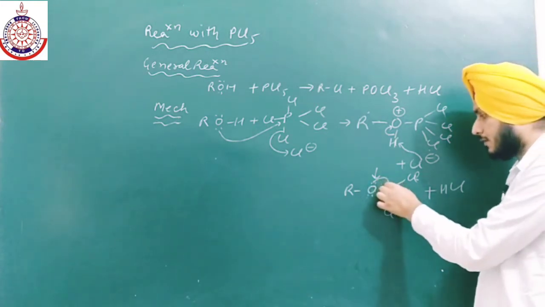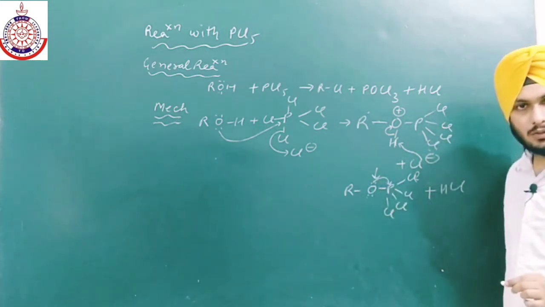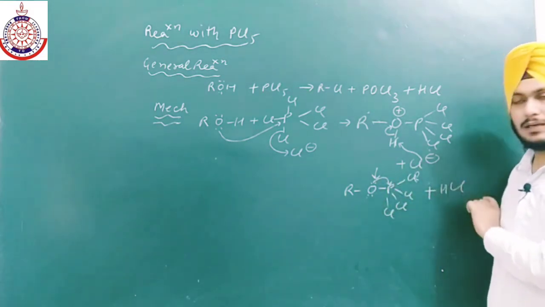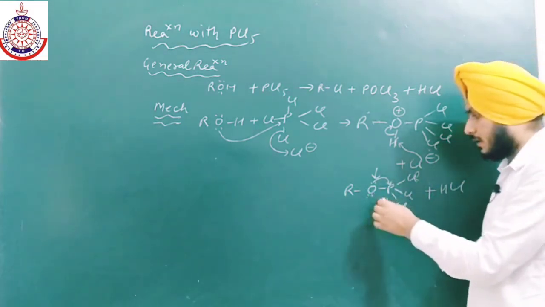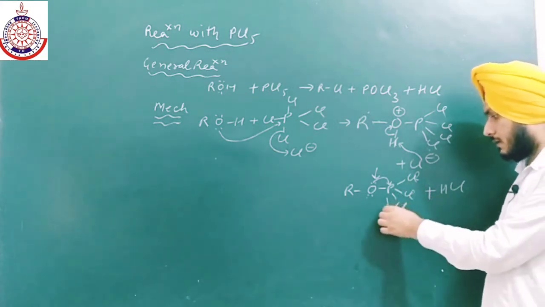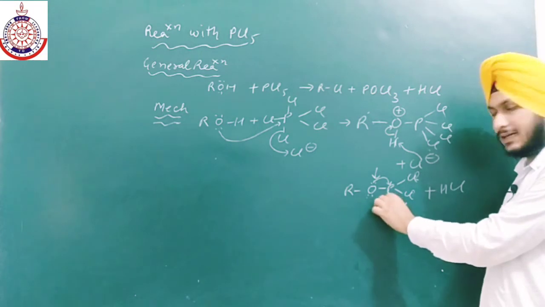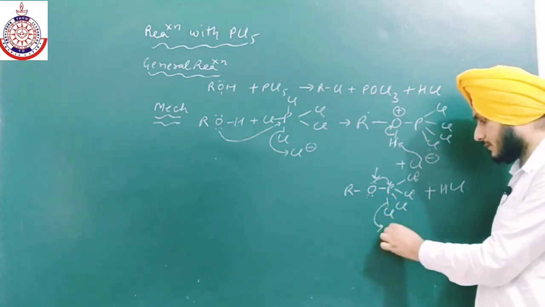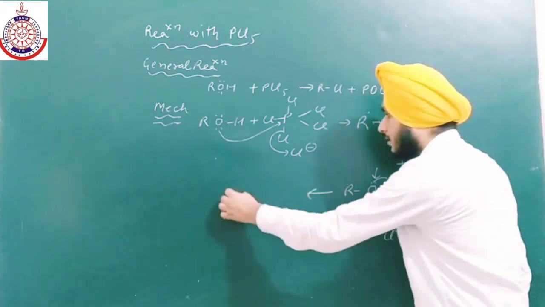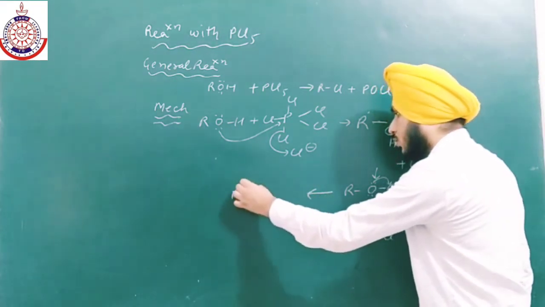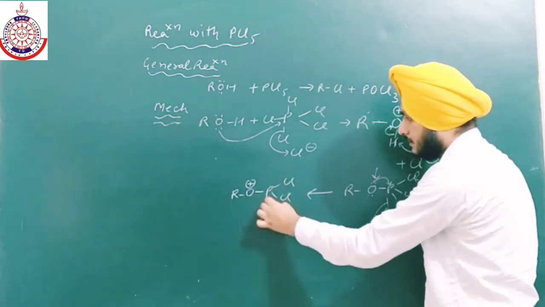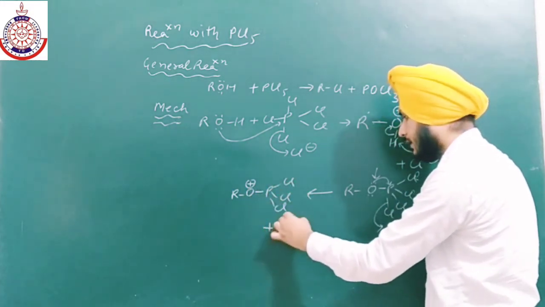Next, again the lone pair of electrons of oxygen will coordinate in the vacant d orbital. So this lone pair of electrons, the d orbital will accept, and now the Cl negative will leave and we get RO positive PCl3 plus Cl negative.